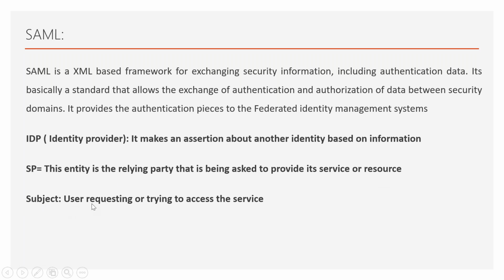And then you have a subject, a user who is trying to access the service. So the authentication between different organizations, let's say Google and booking.com, the exchange of authentication data is done by SAML.